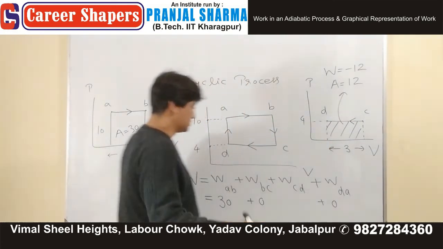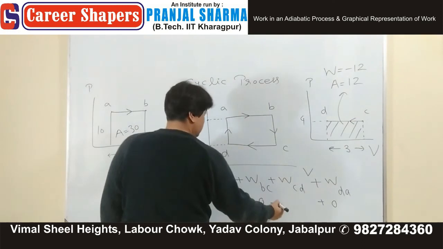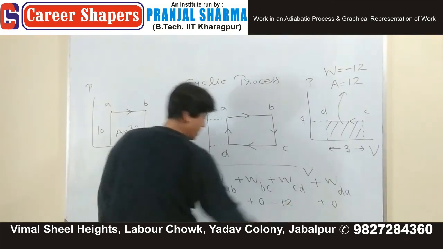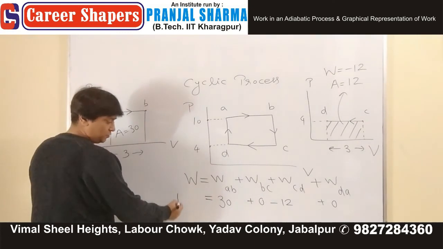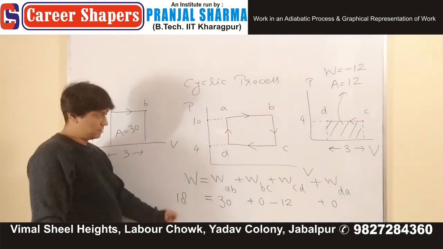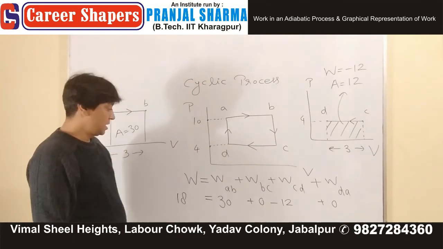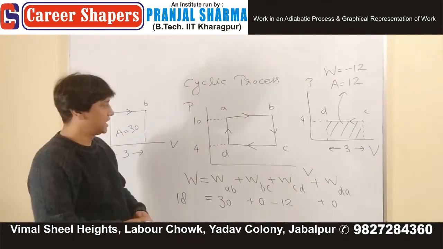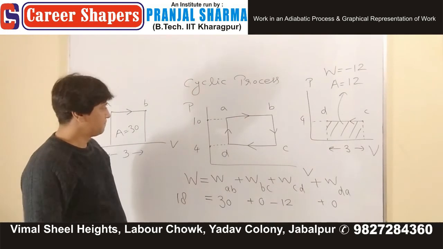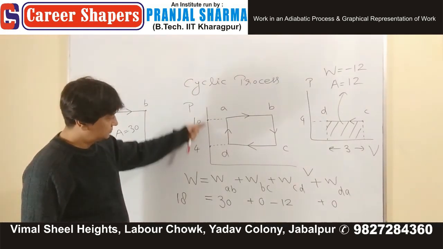Going ahead, it's nothing difficult. CD is giving us what? Minus of 12. So what is total work? 30 minus 12, which is coming what? 18. 18. From now on you don't have to do all this, it was just to understand. What do you do from now on? What is this height? 10.